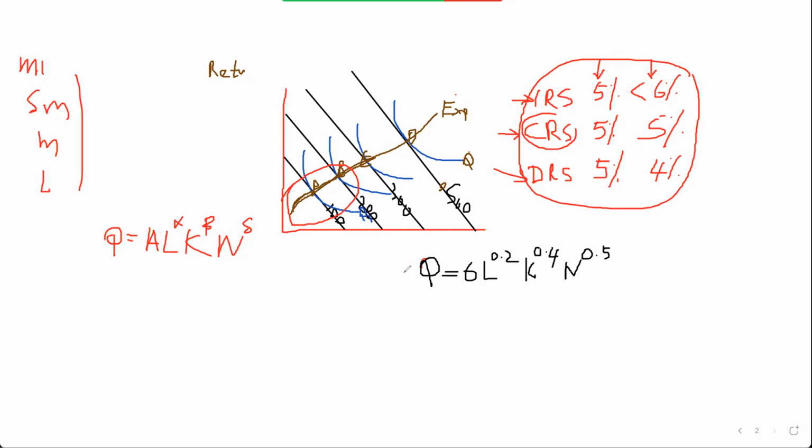So if you collect the data, time series or cross-sectional or panel data, whatever, and you estimate, if it is time series for your firm, you get the production function like that.